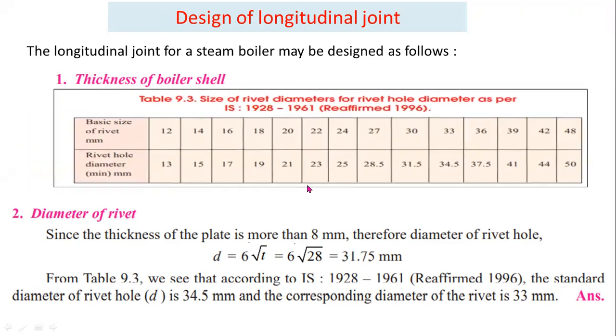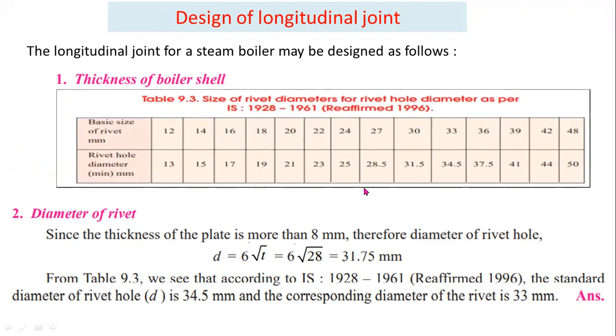This is the standard table. From this table, you have to select the standard diameter of the rivet and rivet hole. Here 31.75 is our answer. From this table, you have to select the nearest value to 31.75. Here this is 30, this is 33.